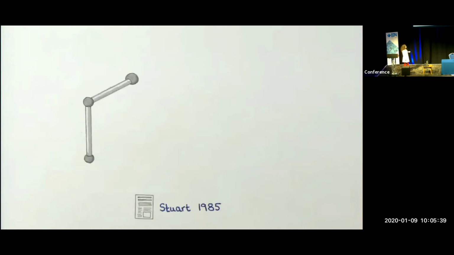This is all very well, but there are still some problems which have been noted in the literature with this setup. And I will demonstrate this using a serine residue. So a serine residue with 2 carbons and a terminal oxygen.